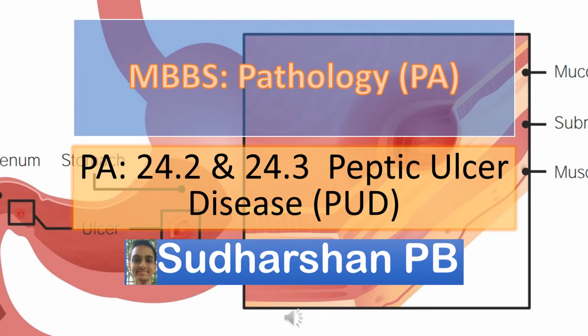GI distress can occur. Hematemesis is nothing but blood in the vomit. Sometimes melena can occur, that is, black stools. Complications such as fistula formation can also be seen.